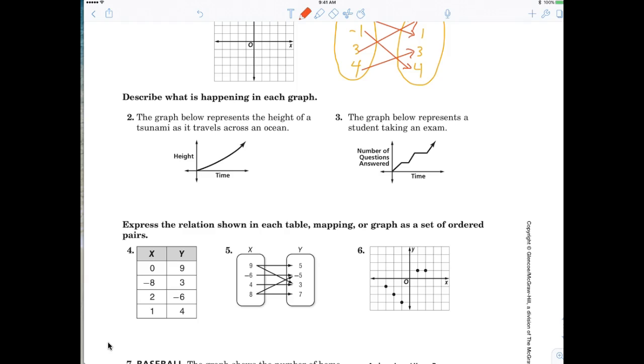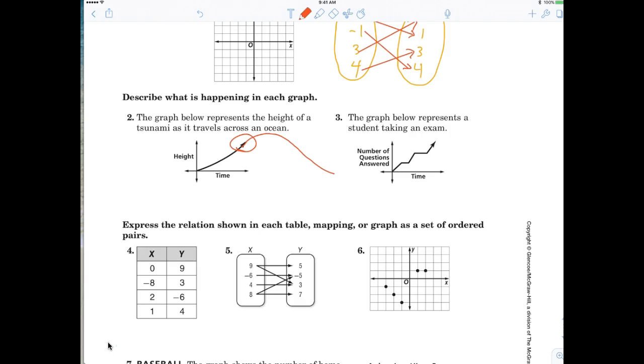However, I'm not real comfortable with this right here, because it seems like it's always increasing, and that's not true. To me, it would almost have to look something like this. Because at some point it reaches its highest point, and then at some point it has to go back down to 0. All right?